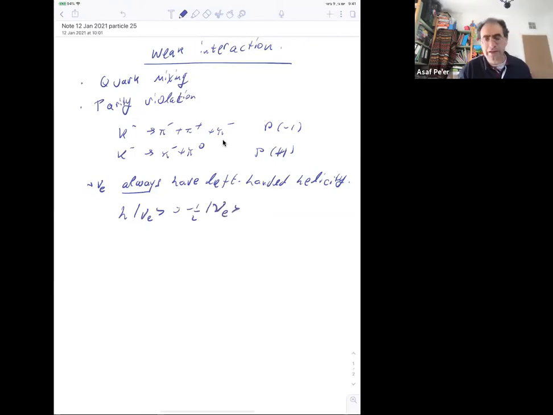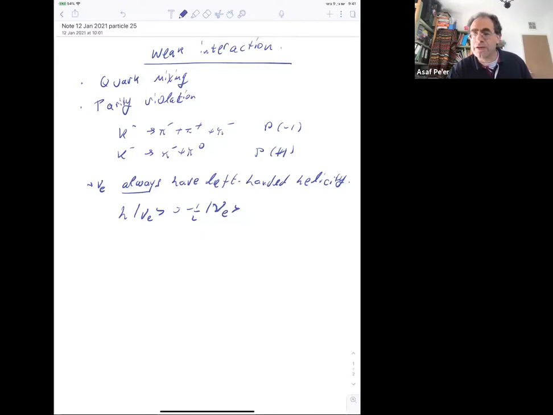And of course, for the anti-neutrino, it's always positive. The same rule applies for the other generations of leptons. So there is something that breaks the symmetry.